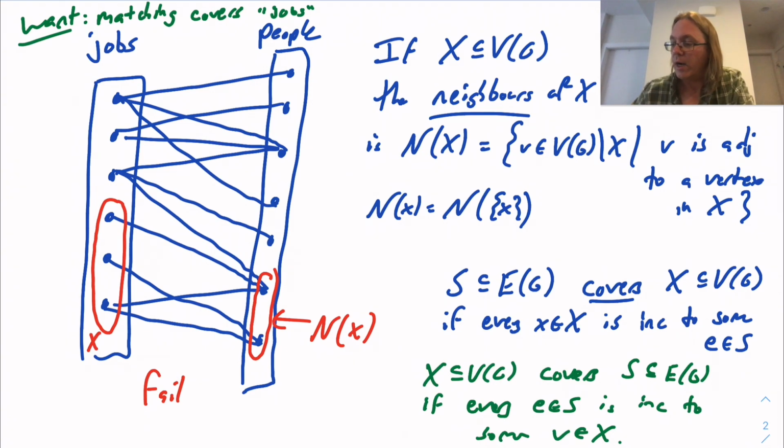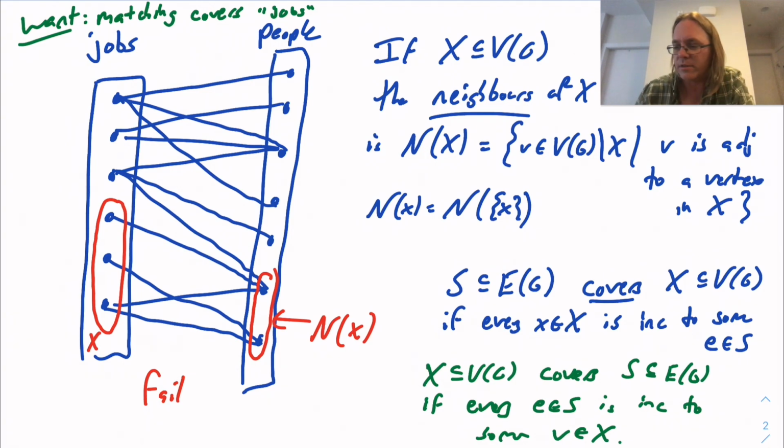Okay, and again, for our purposes, we're going to be looking at matchings in bipartite graphs, and we're going to be interested in matchings that cover one whole side of the bipartition. And as you see, this is coming straight away from this kind of job assignment problem. Frequently this is done with boys and girls.